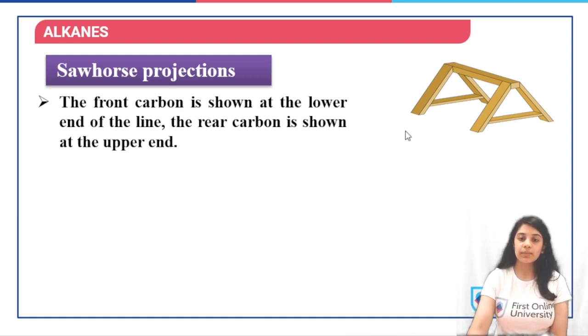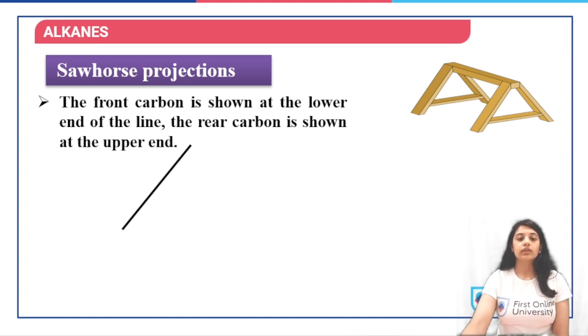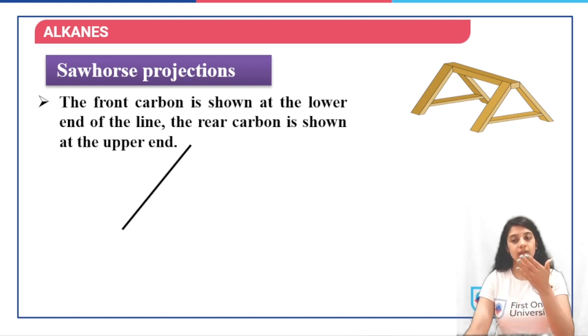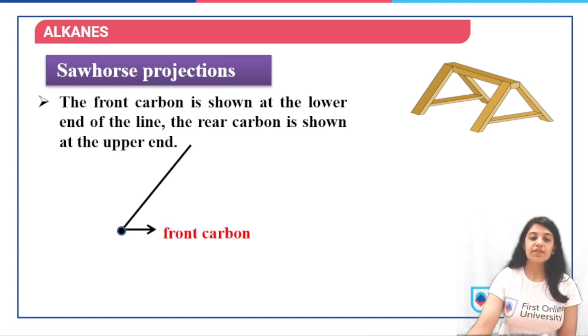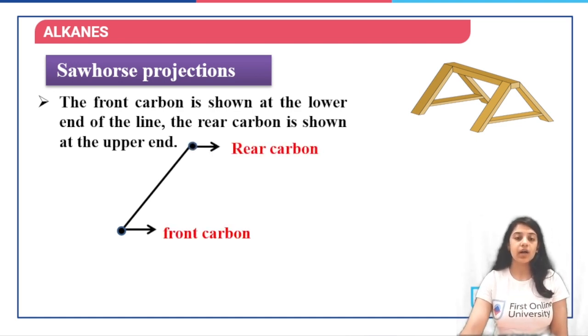This is the front carbon, that is the lower carbon, and this is the rear or back carbon. So a slanted line which is tilted either towards right or towards left: the front end gives us the front carbon and the other, backward end represents the rear carbon.